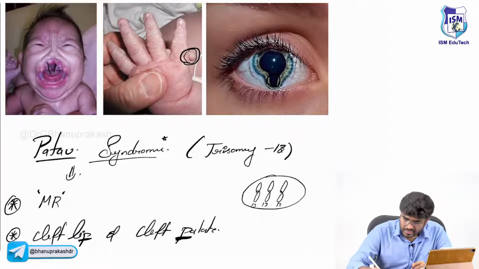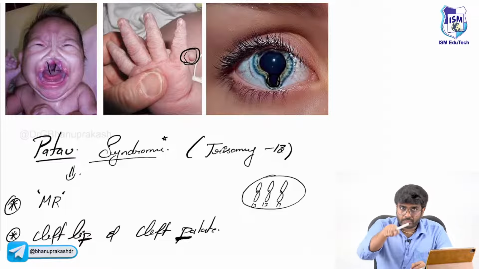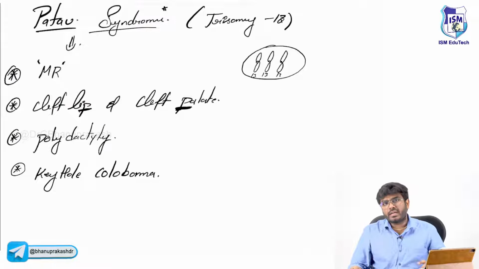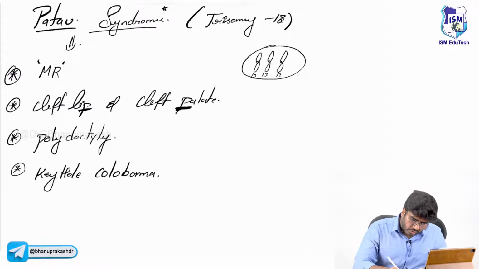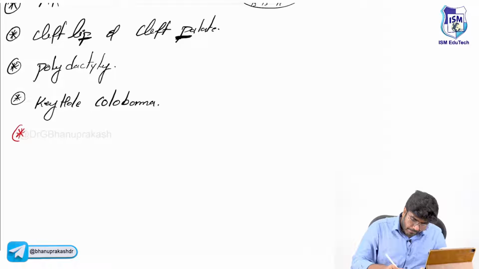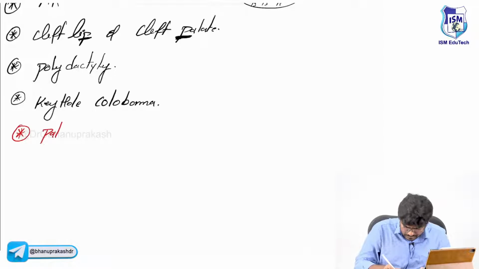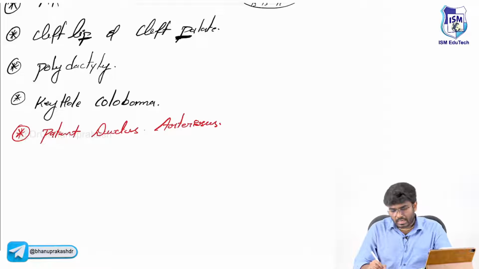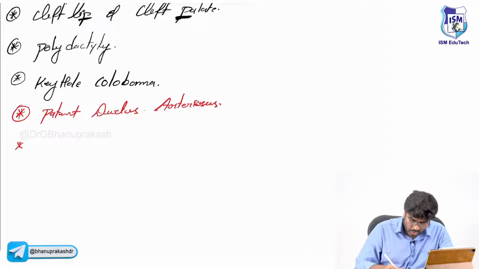You can very clearly see it is just looking like a keyhole, like where we put the key. So in Patau syndrome, the patients are going to have mental retardation, polydactyly, cleft lip and palate, and keyhole coloboma. And if you want to know, these patients are also going to have patent ductus arteriosus. And these patients are also going to have rocker bottom feet.